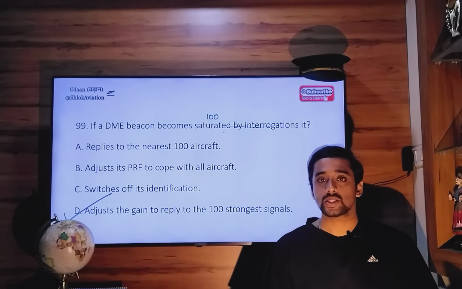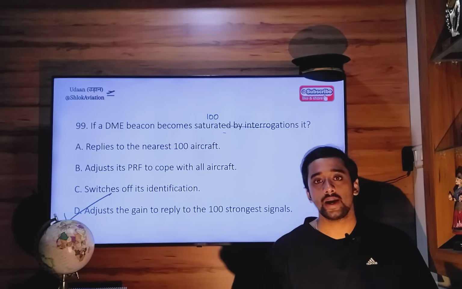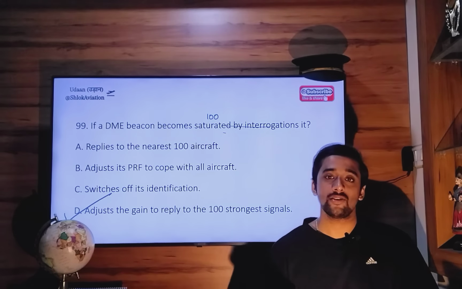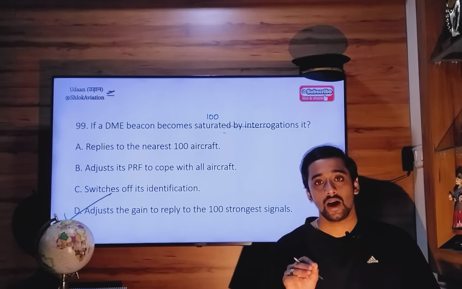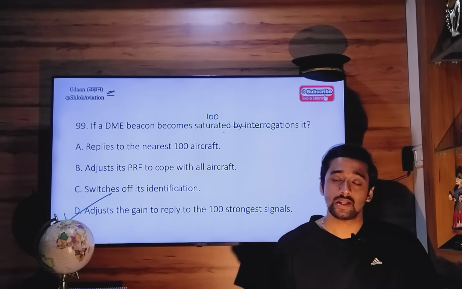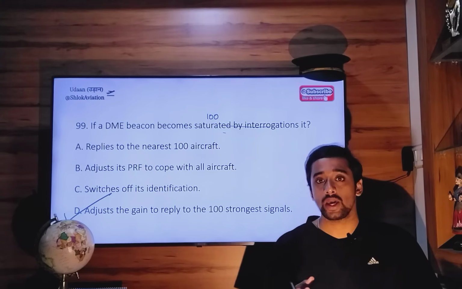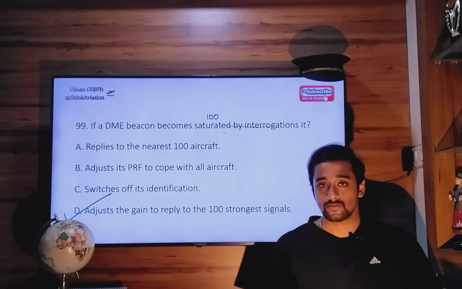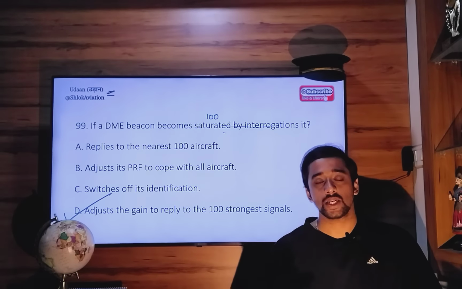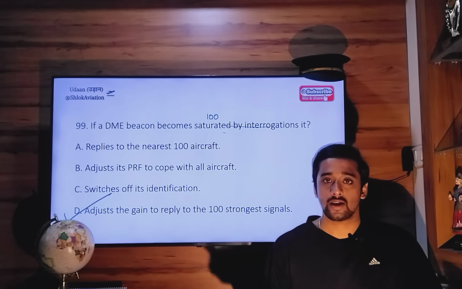When a DME becomes saturated, it can handle only 100 aircraft at one time. That means it will only deal with those aircraft whose signals are the strongest. So if any aircraft signal becomes weakened, subsequently it will eliminate that aircraft and replace it with some good strong aircraft signal.